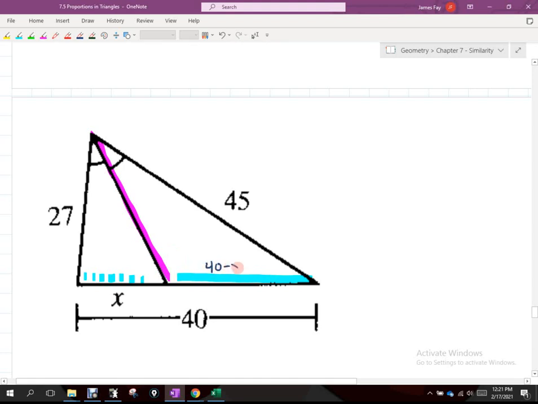-40x, right? Okay. So that's what I'm going to compare. I'm going to compare x to 40 minus x. Okay. And now because x was in this triangle here, I'm going to try to keep my numerators from the same triangle. So what number should go here?